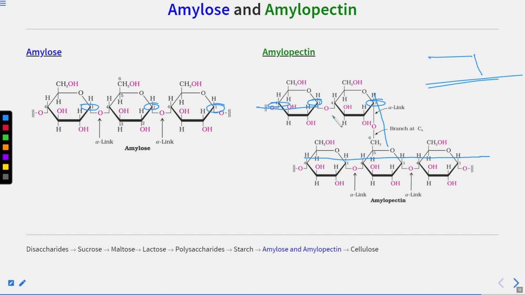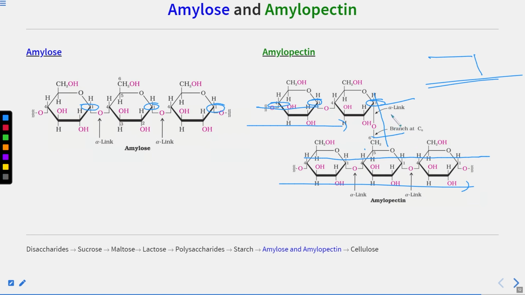In amylopectin we have a linear chain of C1-C4, but at the same time we have some linkage between C1 and C6. Here you can see the C1-C6 linkage, and that is also alpha.